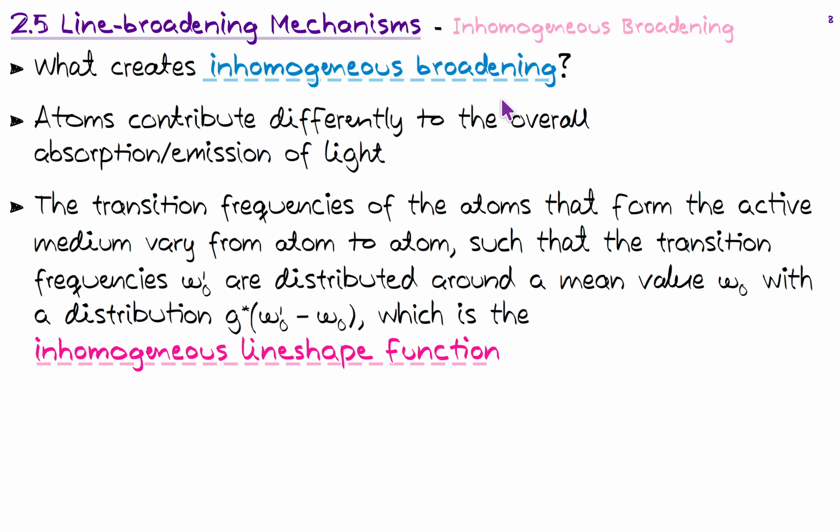So physically, similarly to the case of a homogeneously broadened material, we have many atoms, but now different atoms interact differently with the incident light, and that gives rise to a distribution of slightly different line shapes within the material, depending on the atom being hit by the incident field.